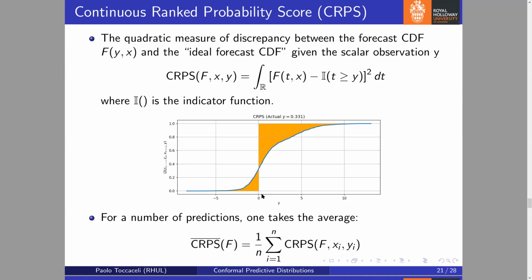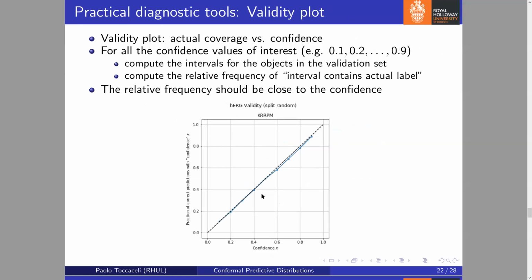And you could argue that it is the difference between this minimum and the actual value of the CRPS that you get with your predictions that really quantifies the skill of the forecaster or the quality of your predictions. So I'm going to talk now about the practical diagnostic tools, because the problem with the methods that I just talked about is that they are theoretically nice, but it's a bit hard to have a direct interpretation, whereas the two diagnostic tools that I'm talking about are direct.